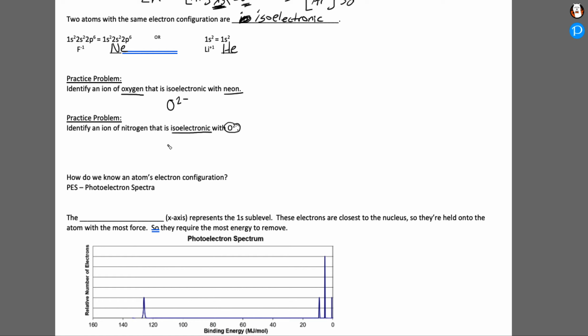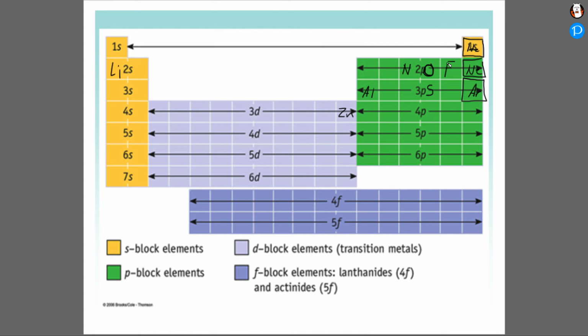So N3 minus is isoelectronic with O2 minus, which is isoelectronic with neon, right? They would all have the same electron configuration. They would all end basically with 2p6.